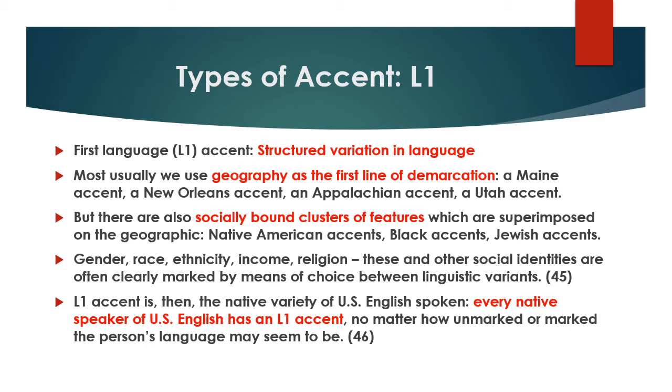So overall, an L1 accent in the US is the native variety of US spoken English. So every native speaker of US English has an L1 accent, no matter how unmarked or marked the person's language may seem to be.